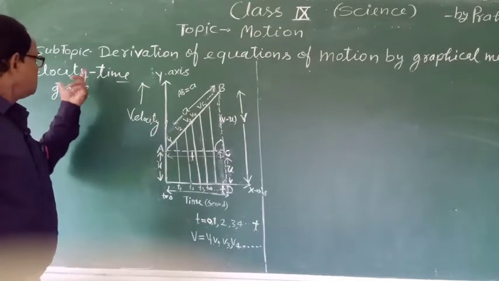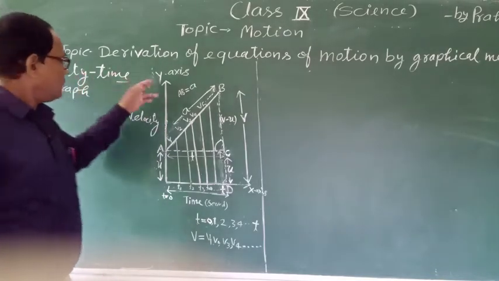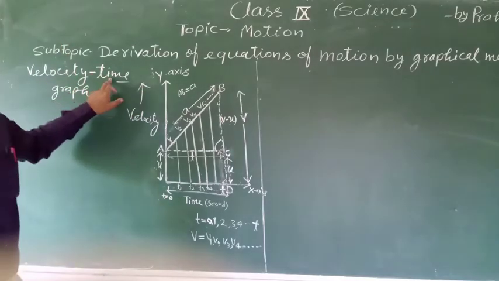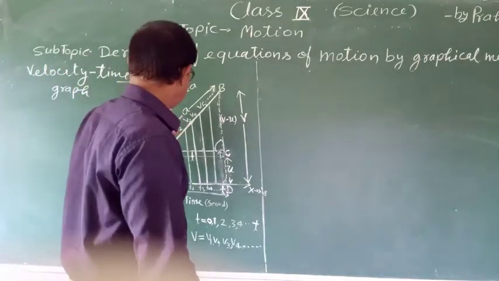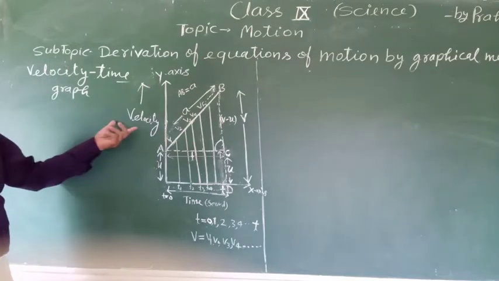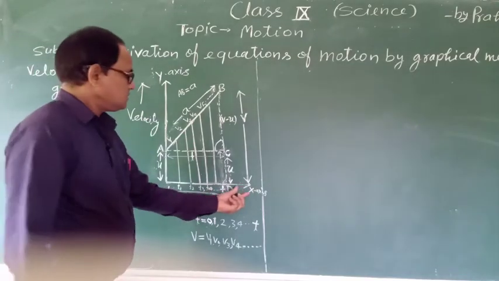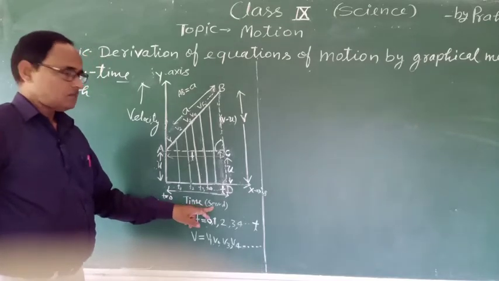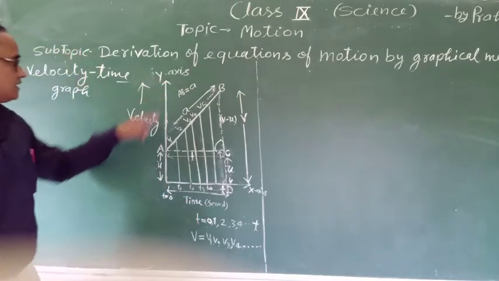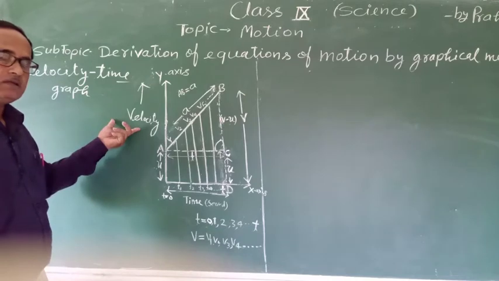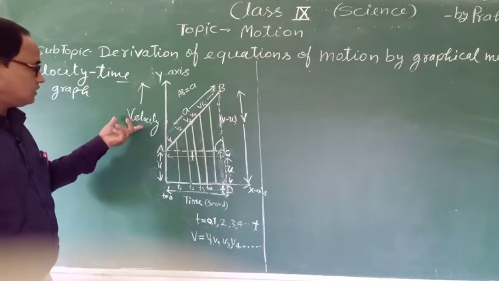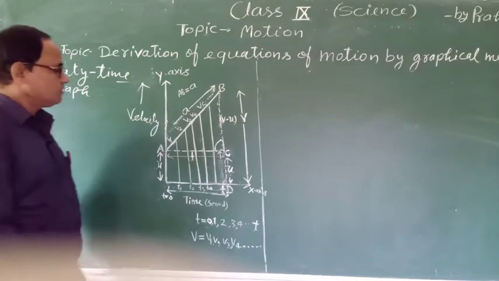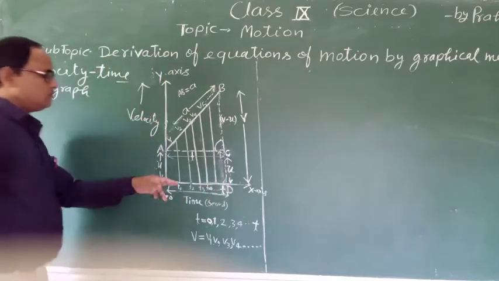We draw a velocity time graph. Okay students, here the x-axis shows the time and the y-axis shows the velocity of the body during time t.